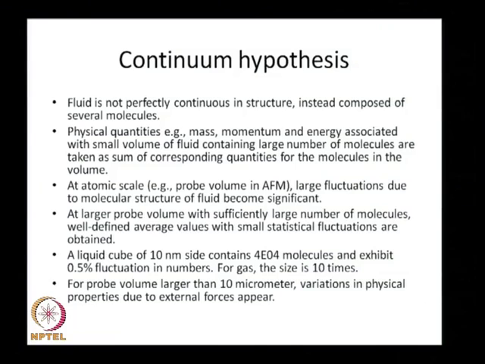If that length L is less than 0.3 nanometer, you find that there would be large fluctuations, because the molecules going in and coming out will be interfering with the observation. So, the quantity that you measure would be affected by molecules coming into that cube and leaving that cube.